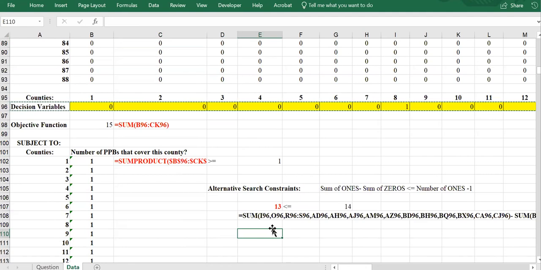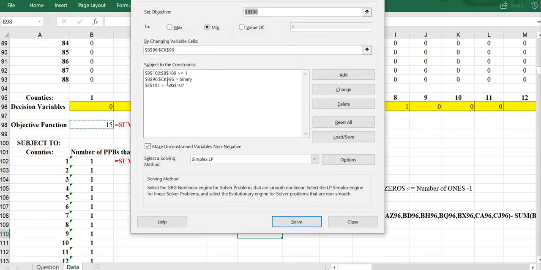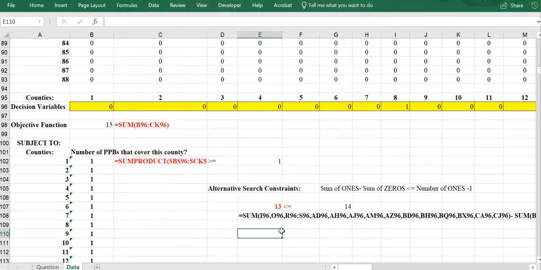The only thing you have to be careful about is that when you write down the new constraint, you need to add it to the solver, but you still have to keep the previous one, because that one will make sure that you don't get the original optimal solution. So you keep that one and then add the new constraint. The new constraint, I'm just going to write it down once.